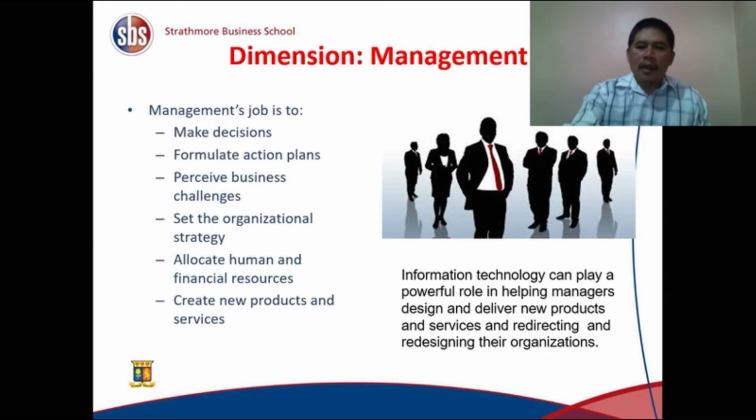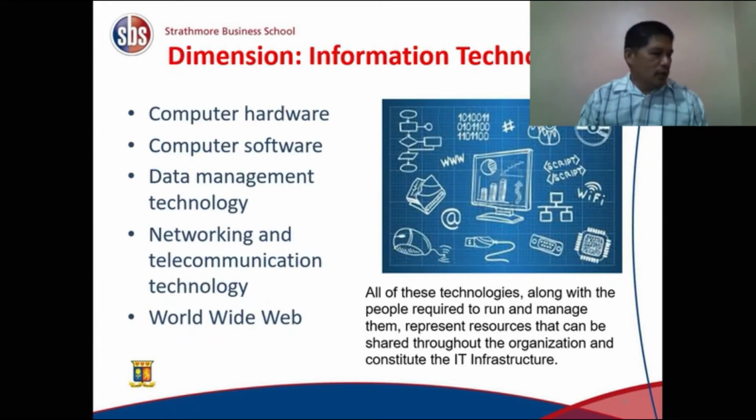And another dimension of information systems is the information technology itself. We cannot just avoid discussing information systems without looking at it from the point of view of our ICT infrastructure.